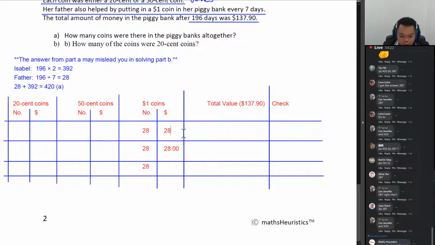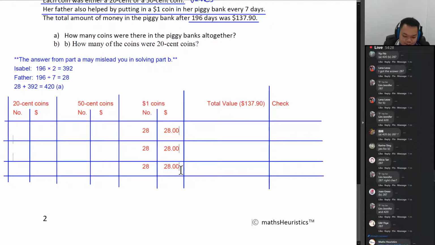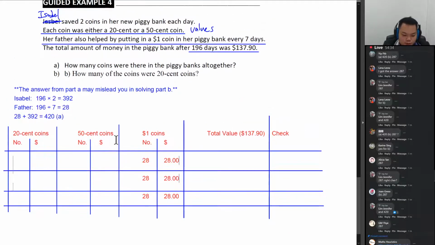Wait, it's going to be a bit difficult for me to do this by table. I'm going to give it a shot. So once you have this ready, your total number of coins will be this, between the three of them.